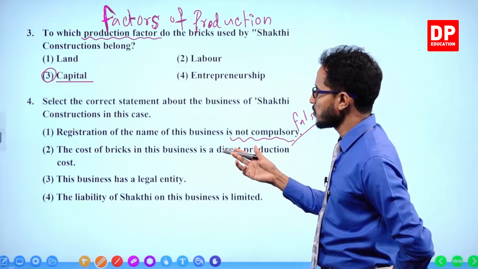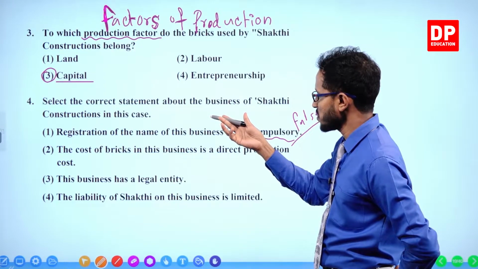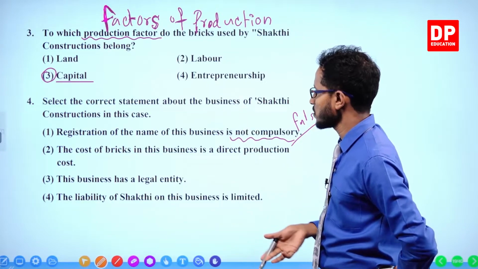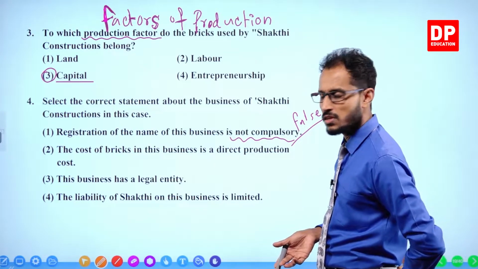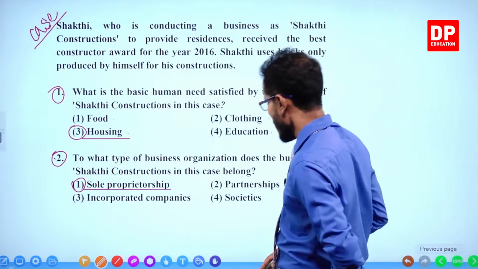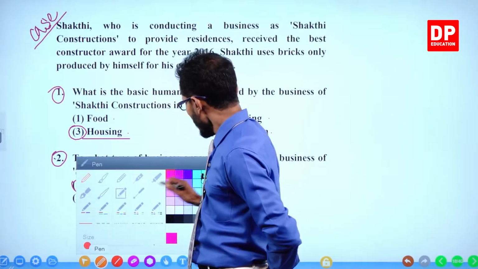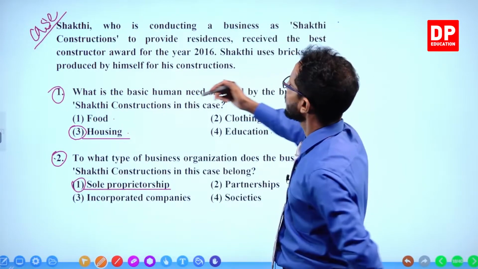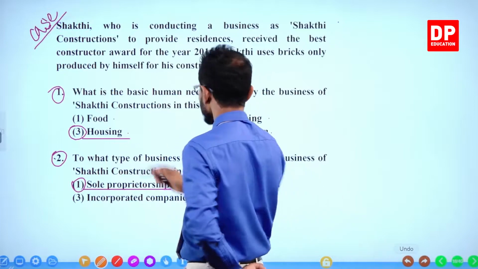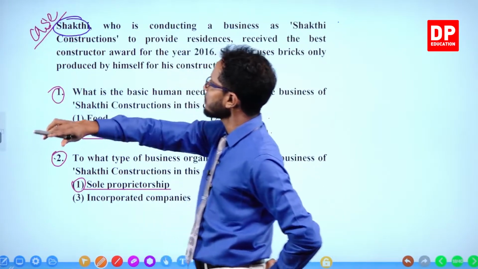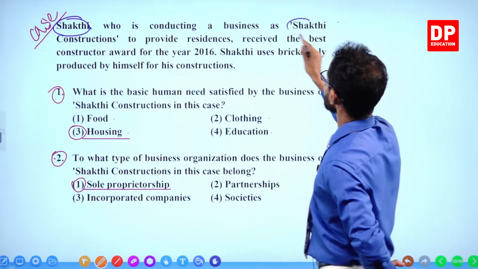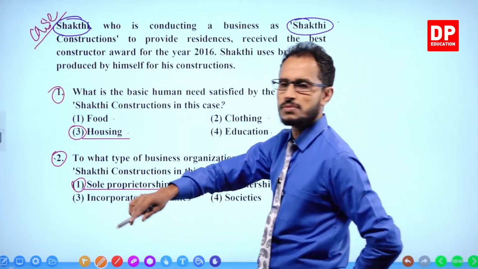Shakti is only his first name, and the business name is also Shakti Constructions.